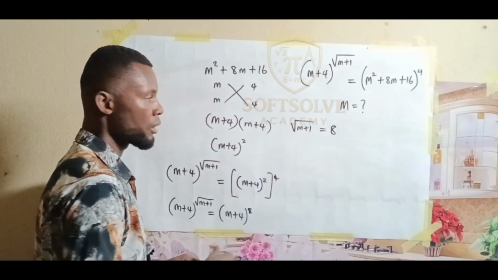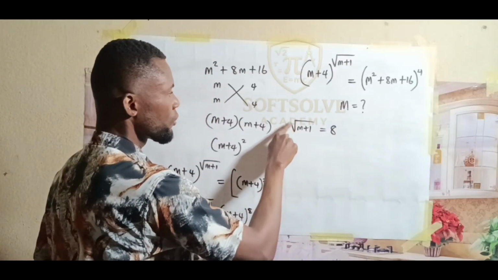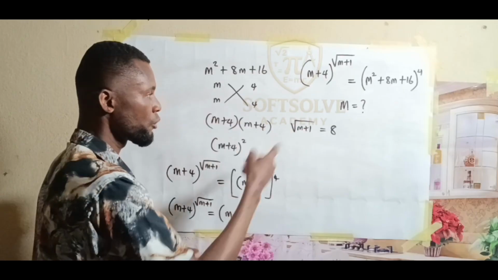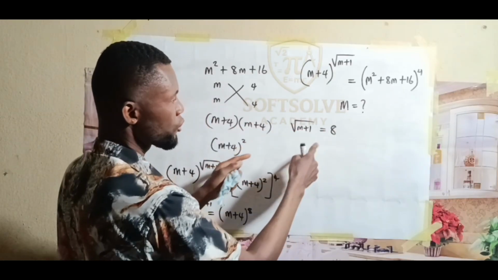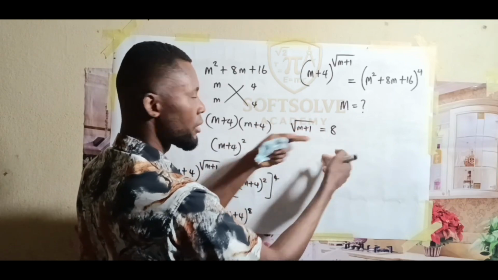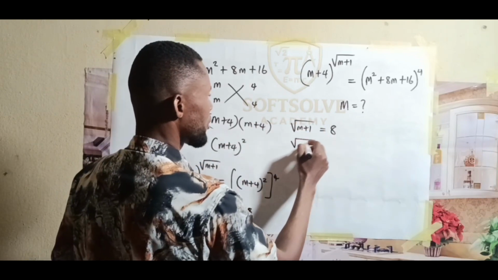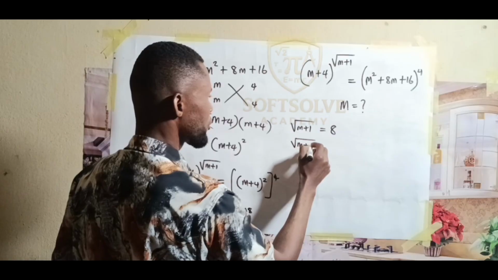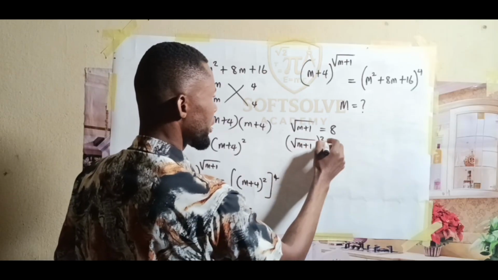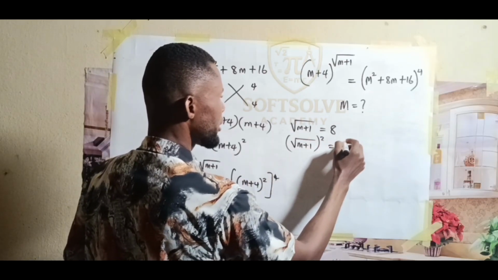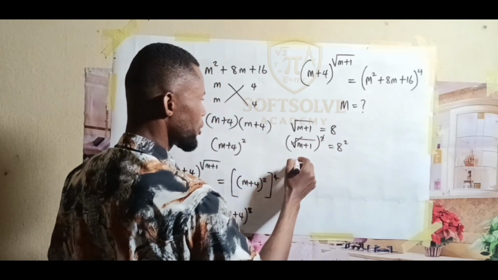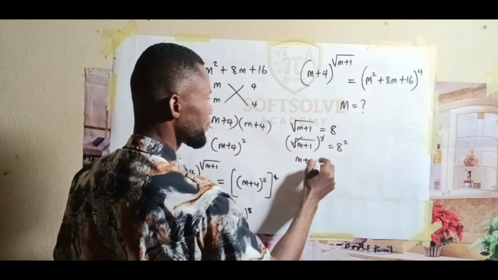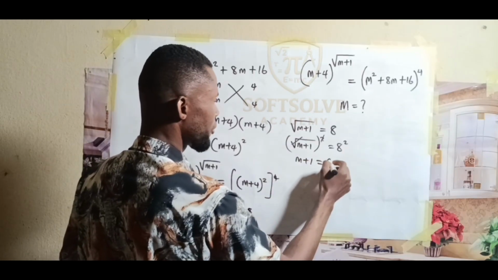If you don't want to say the square root crosses over, we can say square both sides. So the square root of m plus 1 all squared is equal to 8 all squared. Now the square and the square root cancel, so we have m plus 1 equal to 64.